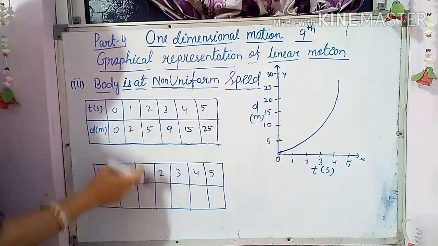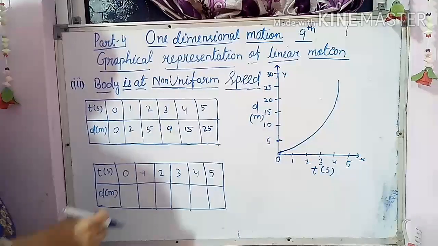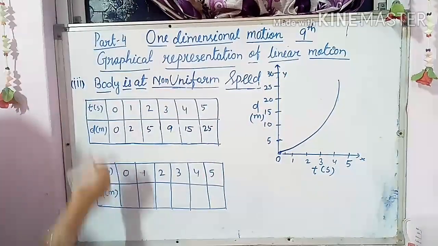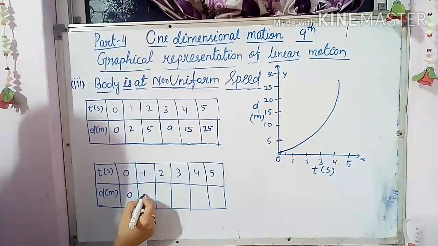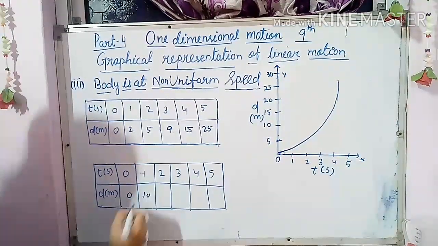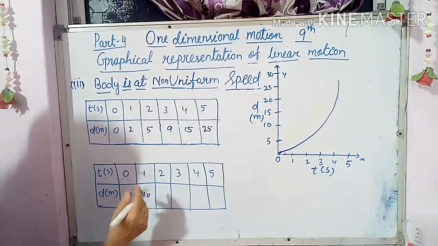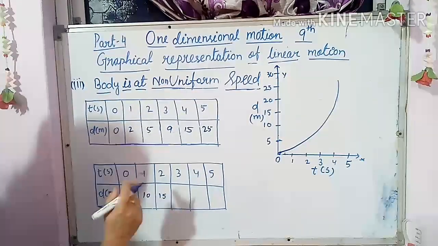If the distance interval is decreasing in a non-uniform manner, what will be the shape of the graph? Now see, suppose here again it is 0. Suppose it first goes 10 meters. Then the distance interval is 10. Then it goes to 15 meters, so here it is 5.